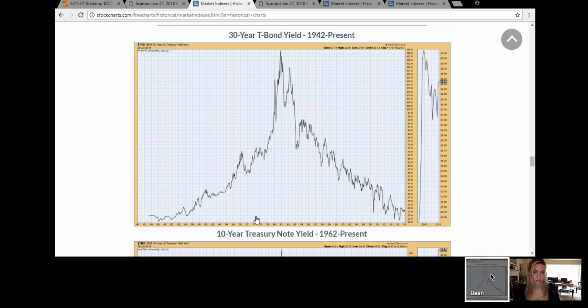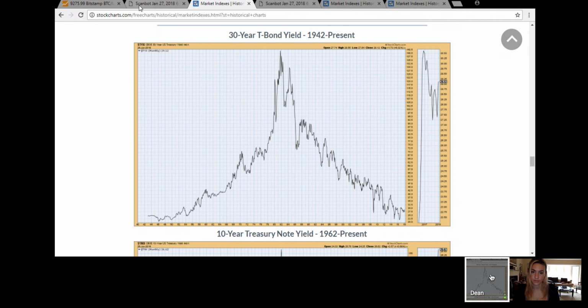This is from the middle of World War II all the way until today. It's the largest amplitude relative to its starting point, which was very close to 1.5%, running up to 14.5%. And then this 40-year drop right through today.